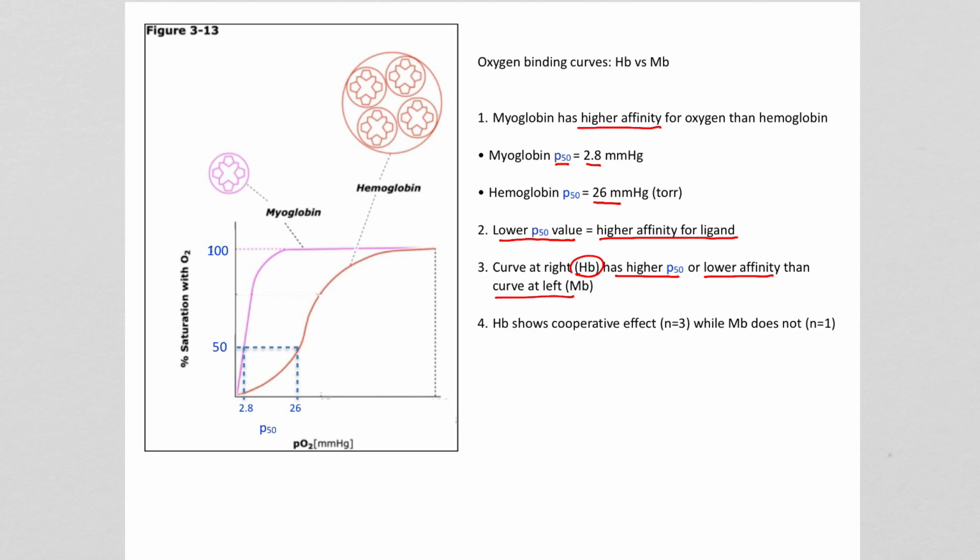Myoglobin's curve is on the left, which means it has a lower P50 and a higher affinity. Hemoglobin shows a cooperative effect where n equals 3, and you can see that from the sigmoidal curve, while myoglobin does not show any cooperative effect, n equals 1, and you can see that from the hyperbolic curve.